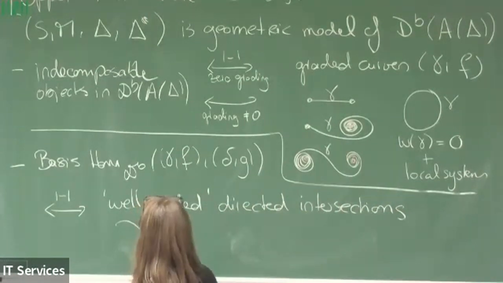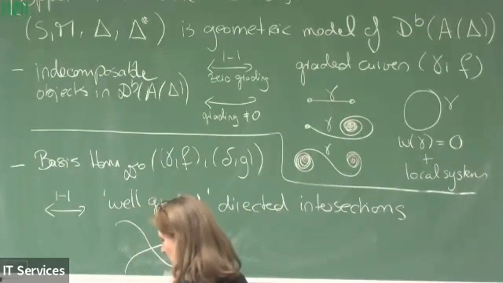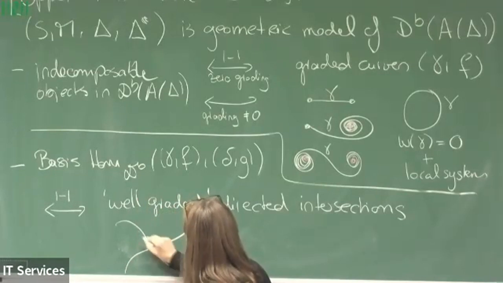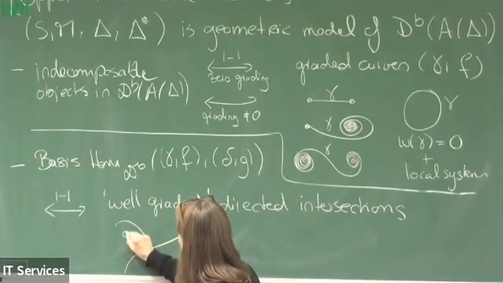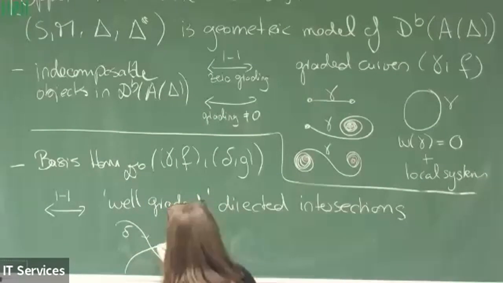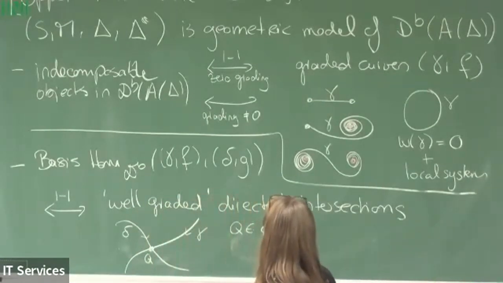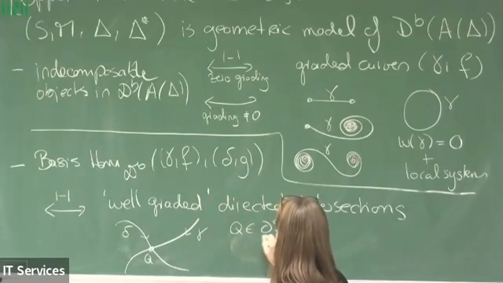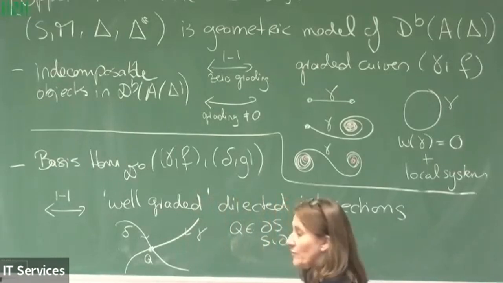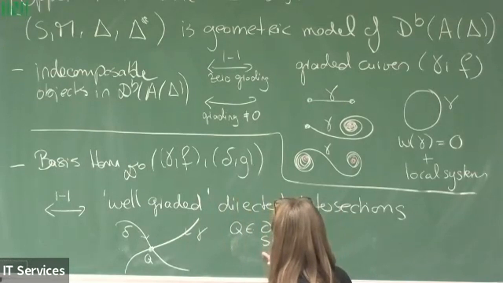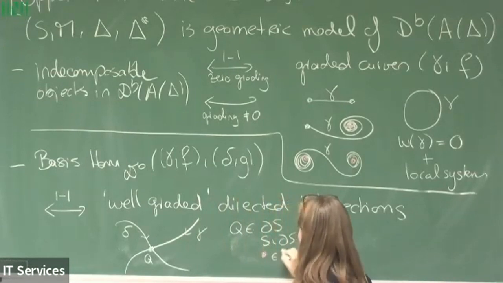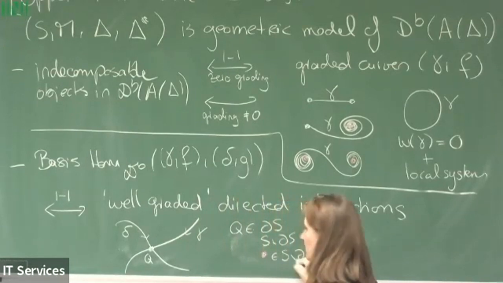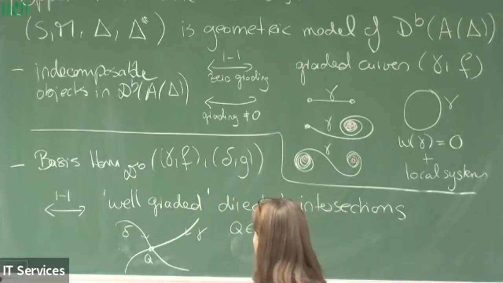Okay, so I have that, and let me see which one is it. So here's gamma, here's delta, and here's our intersection point Q, and this Q might be on the boundary, it might be in the interior of the surface, or the curves can also intersect at a red marked point that is in the interior of the surface, so one of the unmarked boundary components.